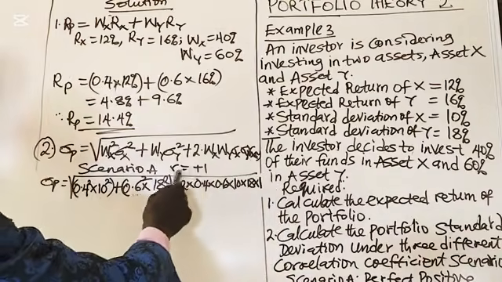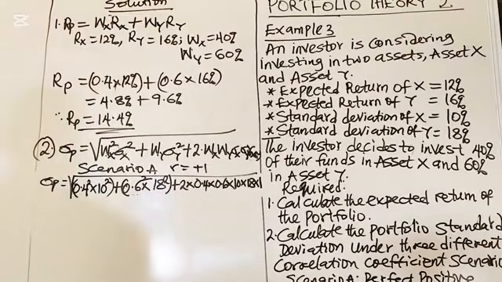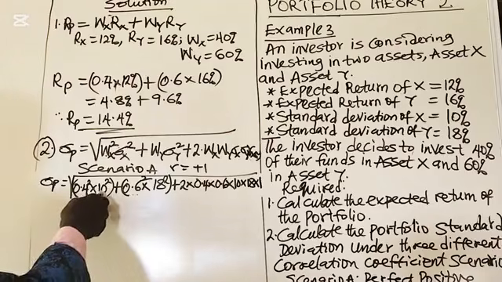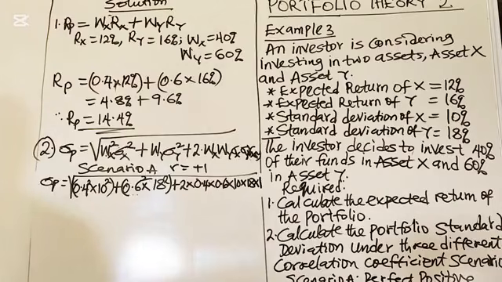So 0.4 squared gives you 0.16 times 10 squared, which is 100. That gives us 16.